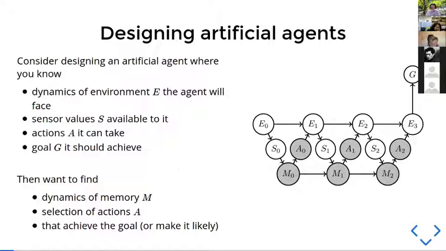What we want to find is the dynamics of the memory of the agent, and which actions it should select depending on the memory, such that it actually achieves its goal. So I'm going to call this the environment.